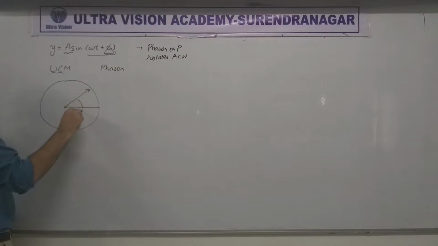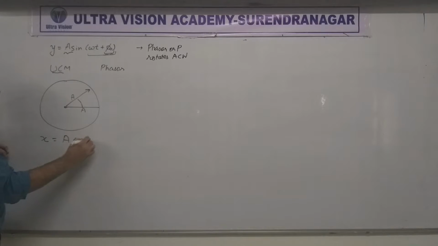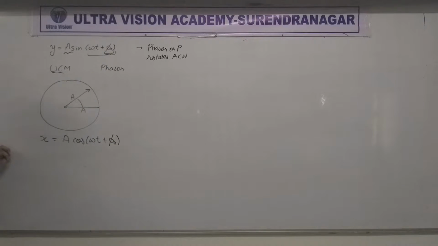Again, A is the radius of this circle, or you can also say A is the length of this phasor. This phasor is going to rotate. Now, this is what you have if you want to express this in y coordinate form. But if you want to express it in x coordinate form, then instead of using sine, we can use cos.